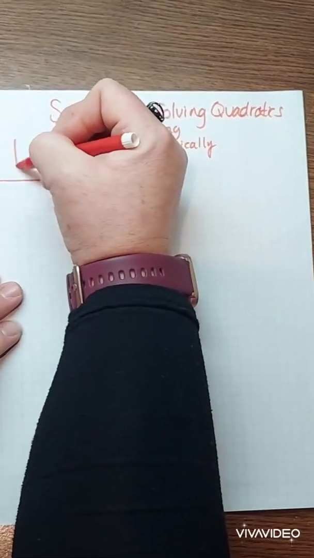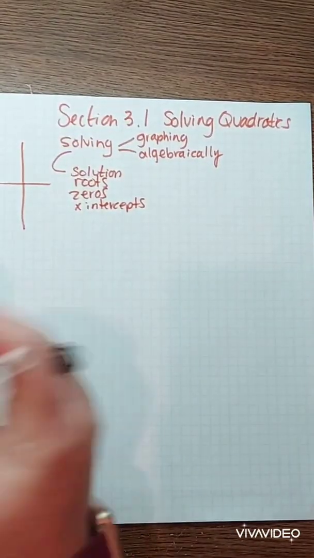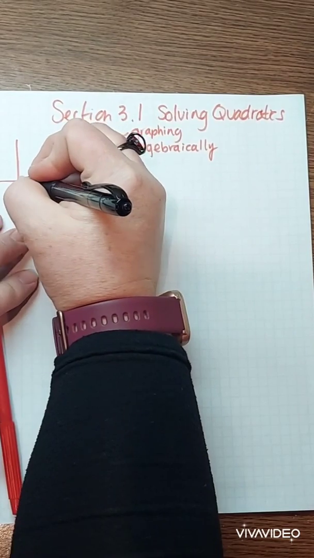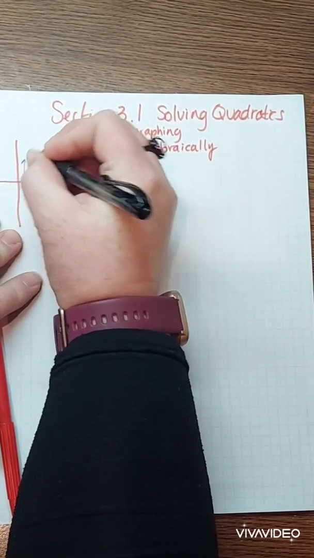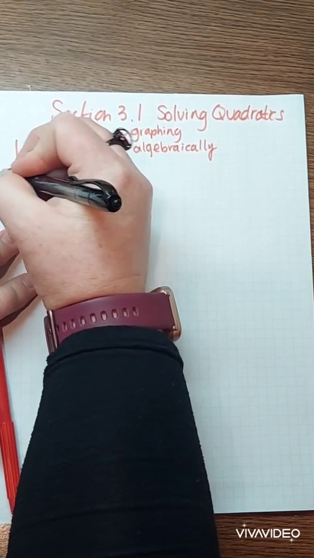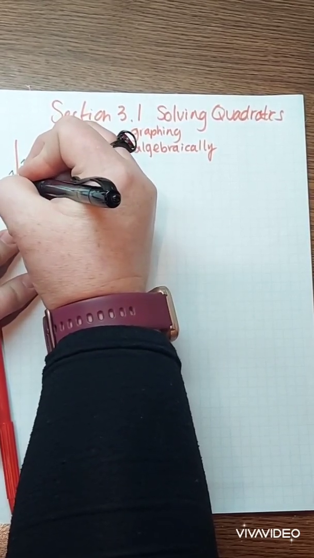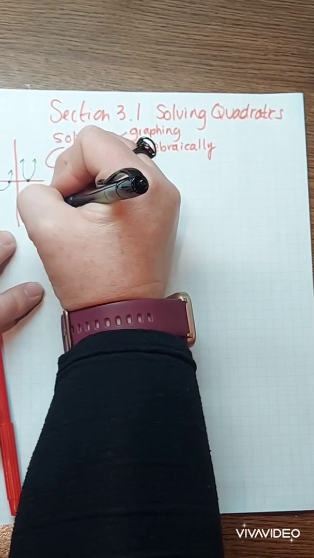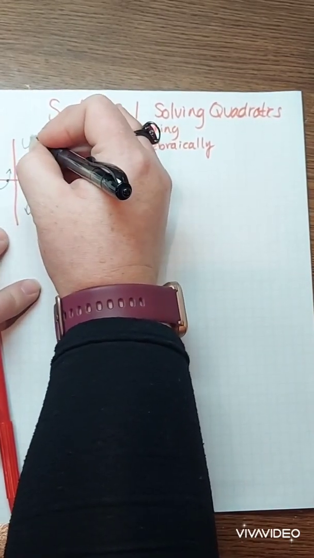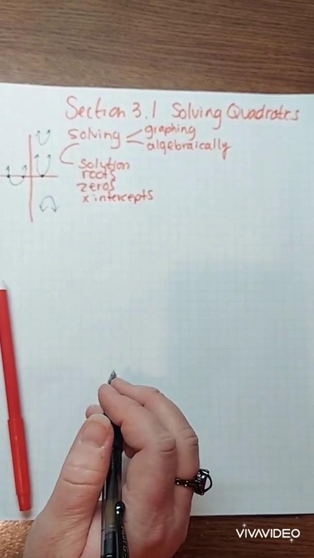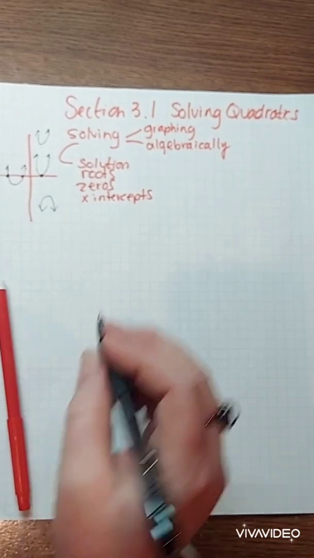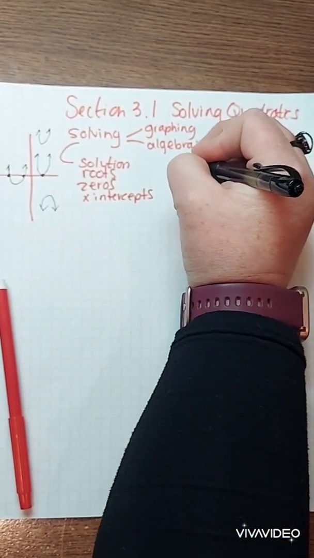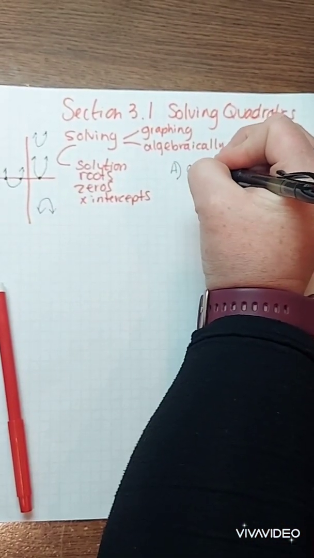And in class, we discussed that a parabola could sit right on the x-axis, we could pass through it twice, and we could also never pass through. So you could have 1, 2, or no roots or zeros, okay? So the first example we're going to work on is by graphing.